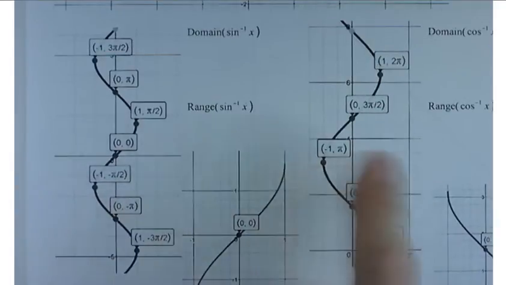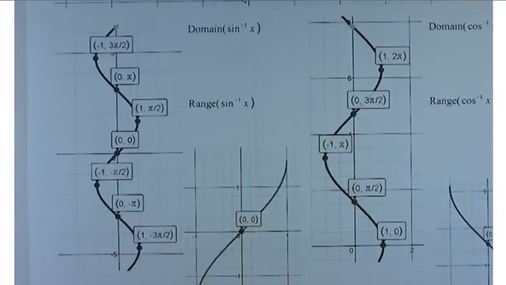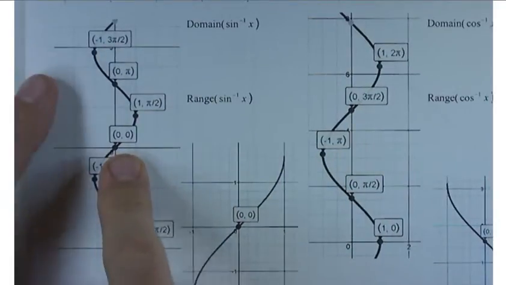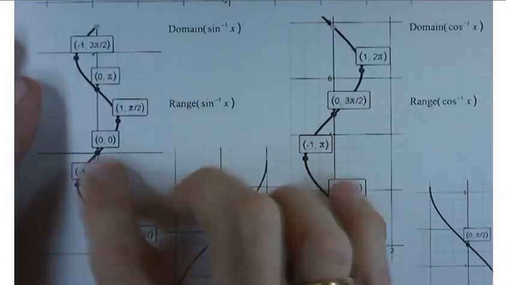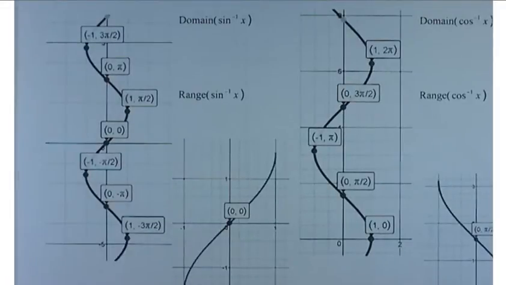The first one or the second one? First one, right? Because it goes through 0, 0. So does this one. All right, so the first one is the graph of the inverse sine. I wouldn't exactly be right if I called this a crazy looking function, because it's not a function. Why is it not a function?